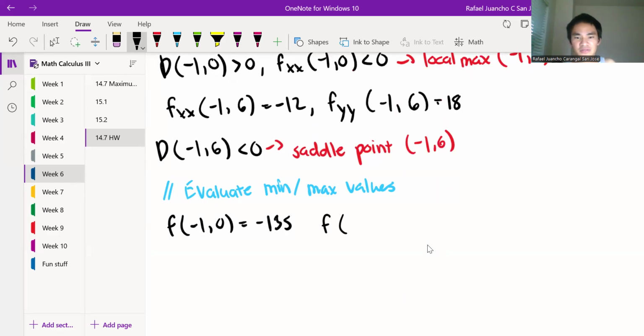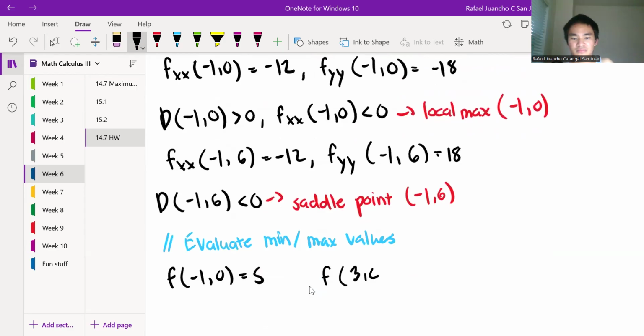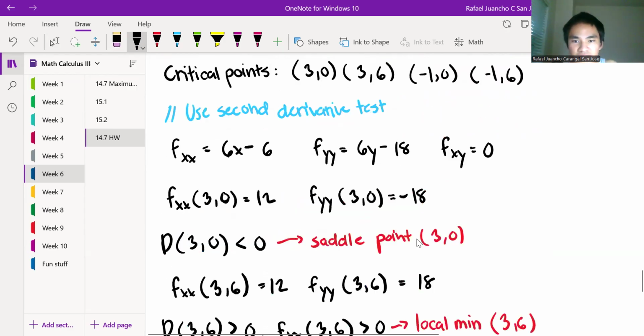My saddle points, I don't need to. My minimum, however, oh no, my bad. My local max is 5. And then my local min, 3, 6. Let me see.